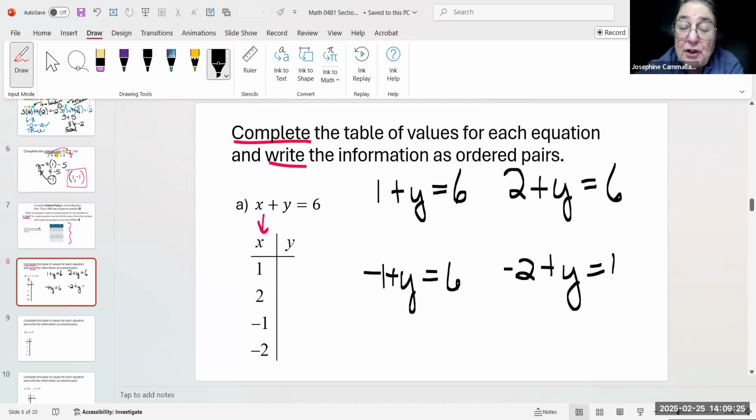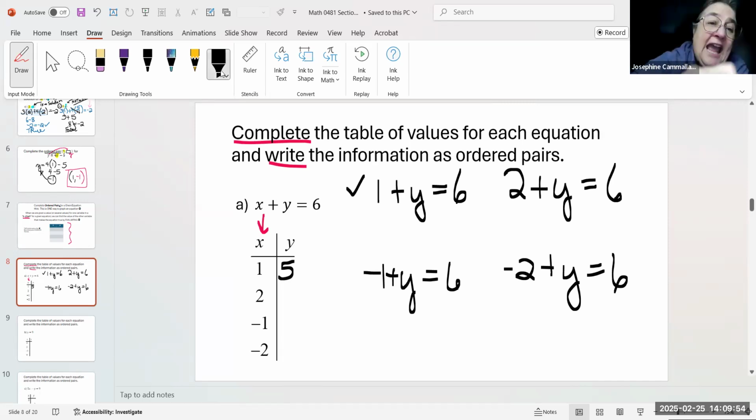Because I need 4 answers. And the last couple of chapters, we've been learning how to solve for one variable. Now, also, by writing them 4 times, some of these I can actually do in my head. But again, if I look at 1 plus y equals 6, I know my y has to be 5.